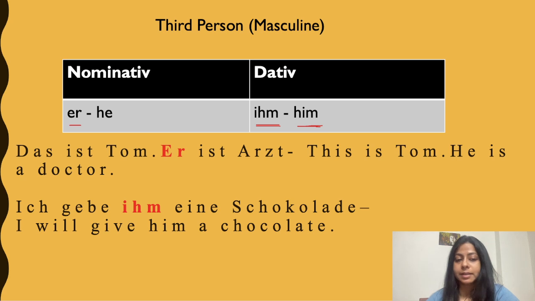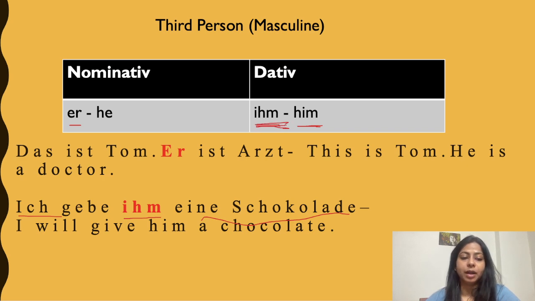Now again in this sentence, ich here is nominative, eine Schokolade here is accusative, and ihm is dative. We have already discussed this sentence. So, for er the dative personal pronoun is ihm.